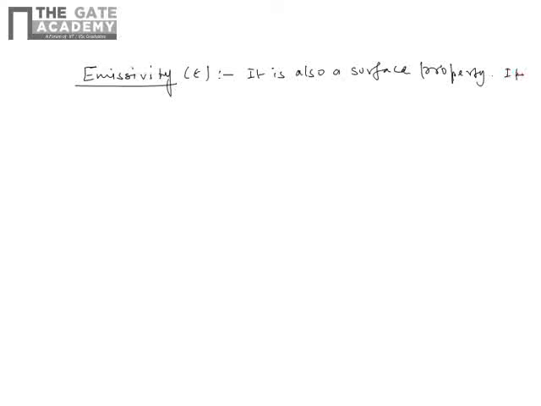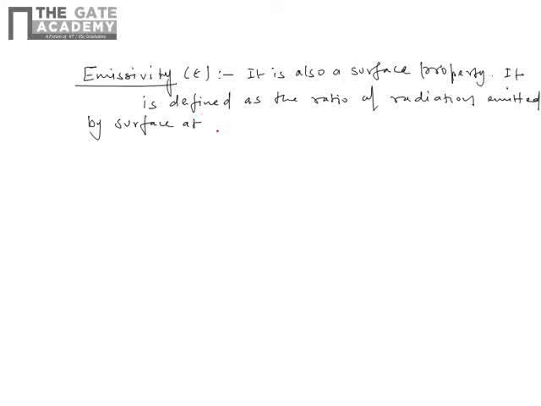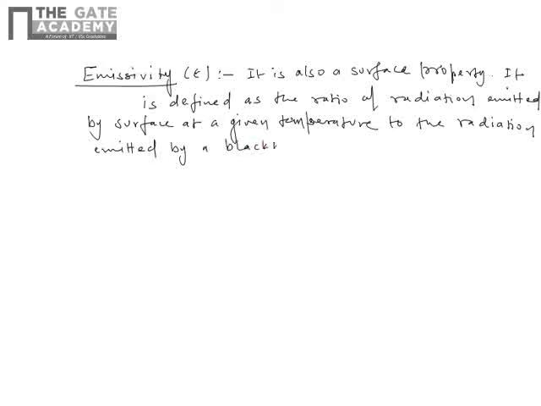It is defined as the ratio of radiation emitted by surface at a given temperature to the radiation emitted by a black body at the same temperature.